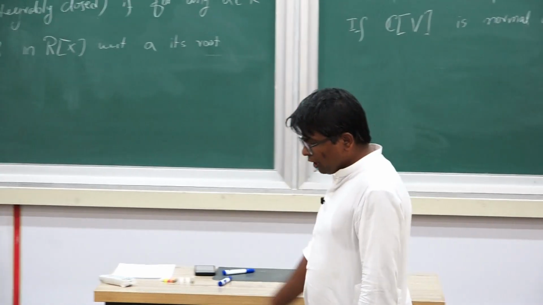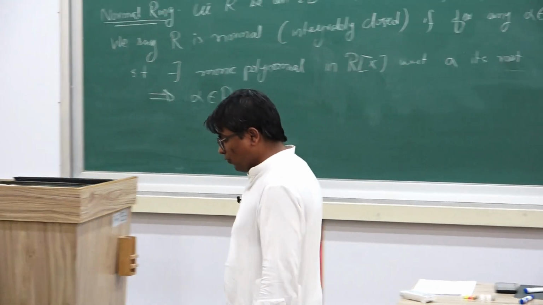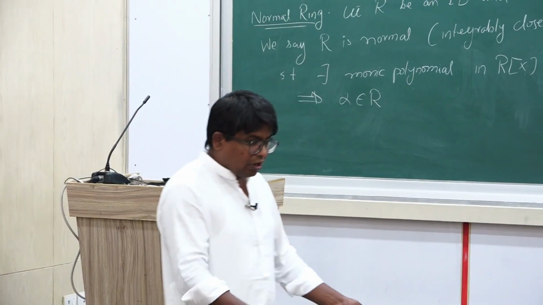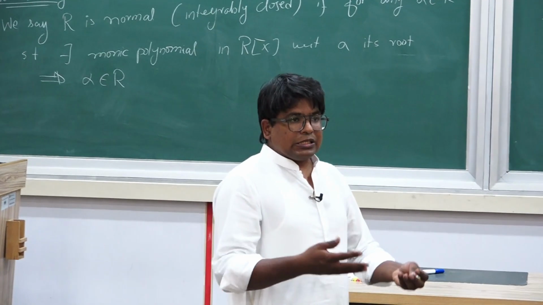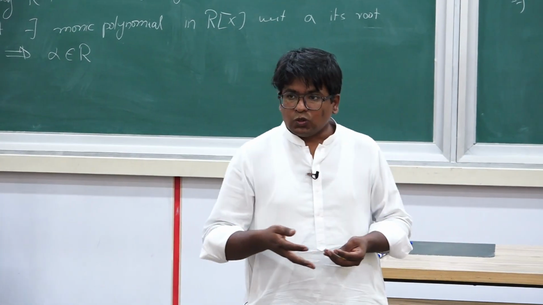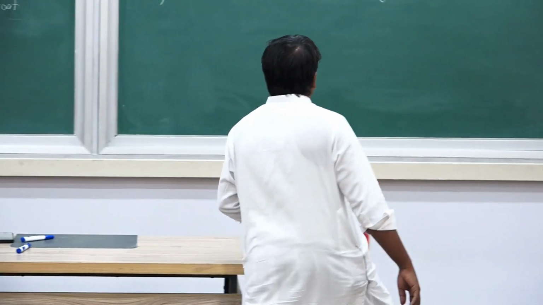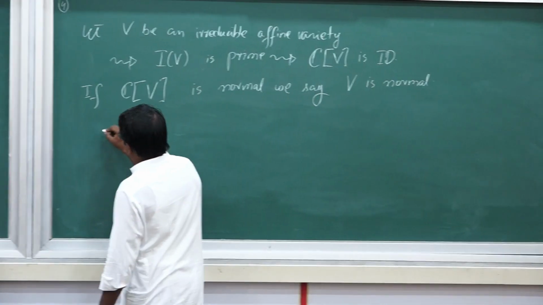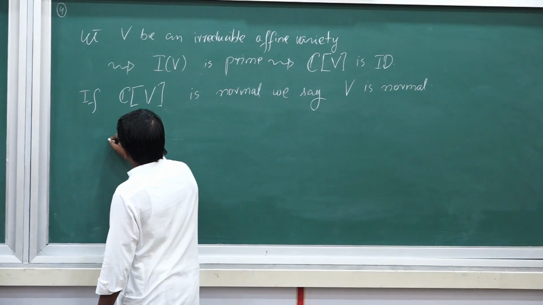That's why we always start with normal varieties. And the good thing is that if we start with a variety which is not normal, it is very easy to create a normalization of that variety, and the normalization is very simple.